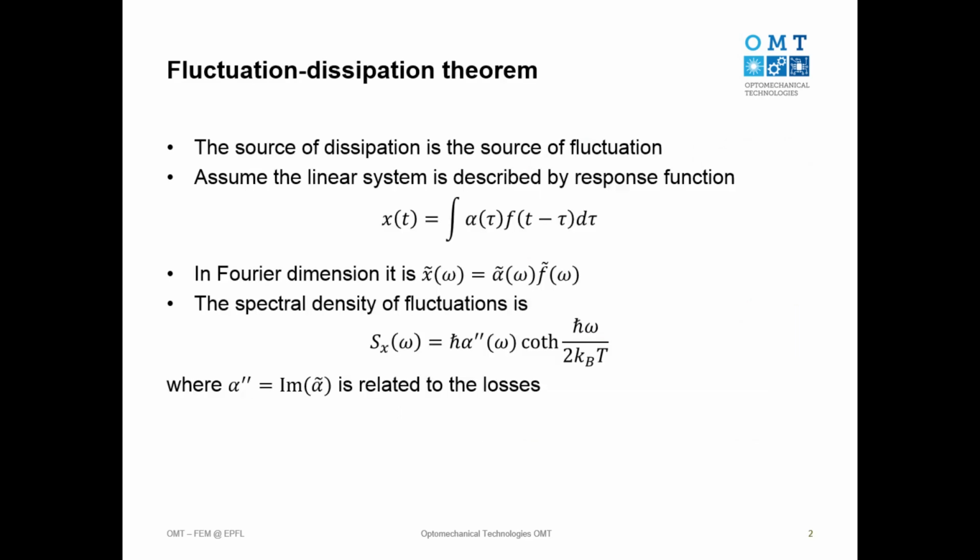Now we turn to thermal noises. To calculate thermal noises, I use the fluctuation dissipation theorem. In its first formulation, it says that the source of dissipation is the source of fluctuation.